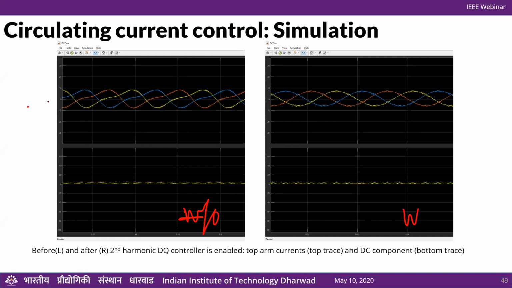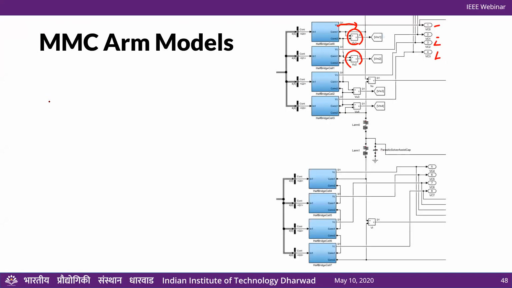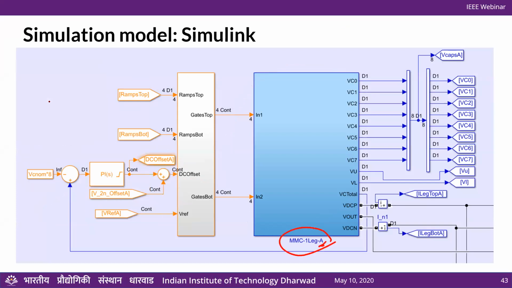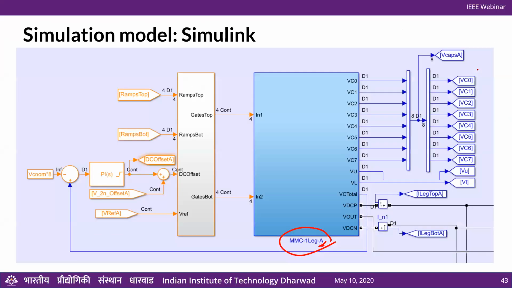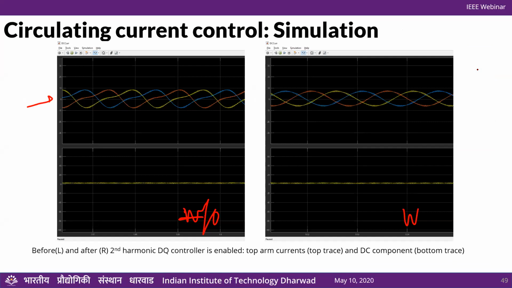And these three currents are, let me just show you, these three currents here: IA in the upper arm, IB in the upper arm, and IC for the upper arm. Those are the three currents that you see here.